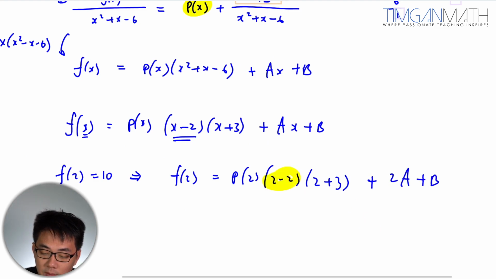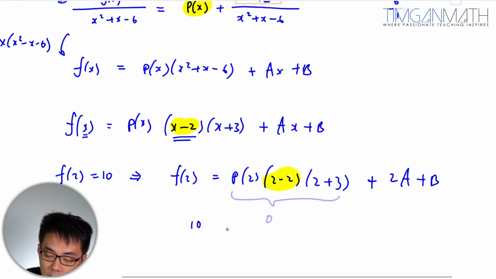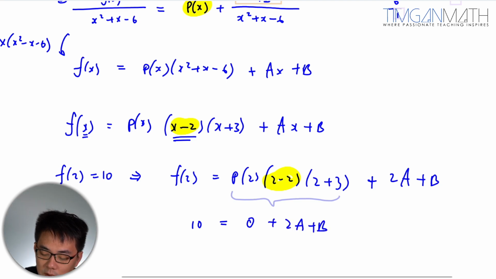So this whole thing just disappears, becomes 0. And what we have is f(2) as 10 equals 0 plus 2a plus b. Let me just write this whole thing as 0.